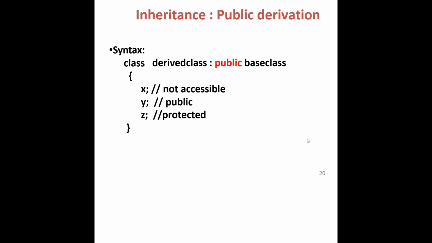Okay, and y is public, and public members will be public in the derived class whenever the public declaration is there. z is protected inside the base class, and for public declaration it will be protected inside the derived class.